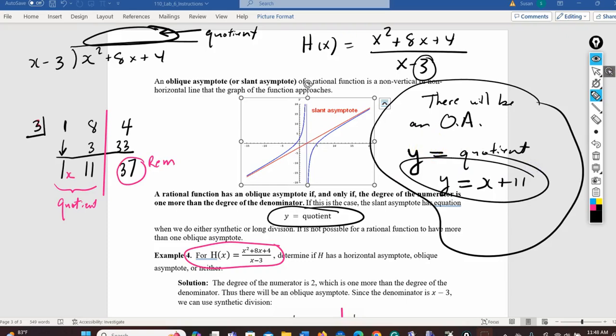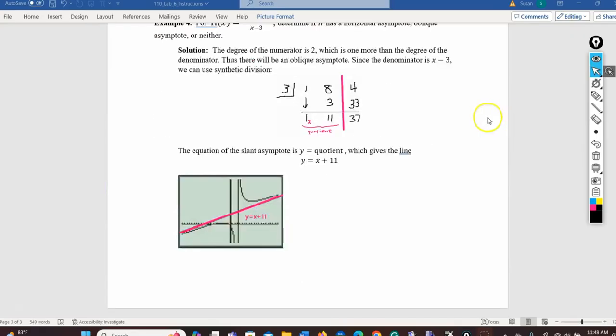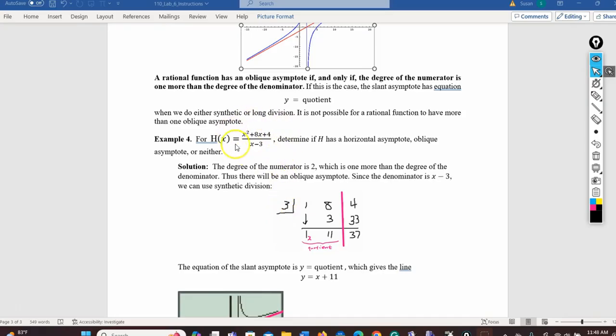Okay, so now this is all done in the steps here. All right, so I did that. And the equation of the slant asymptote is y equals the quotient, which gives the line y equals x plus 11. And now what I've done down here is I put this into the graphing calculator, h of x.